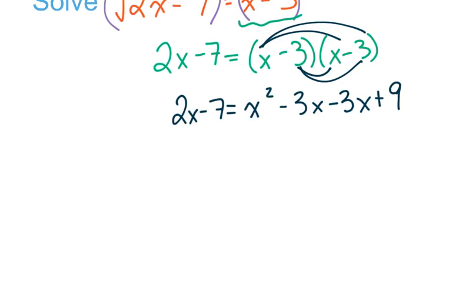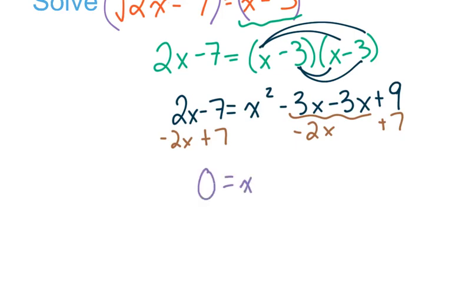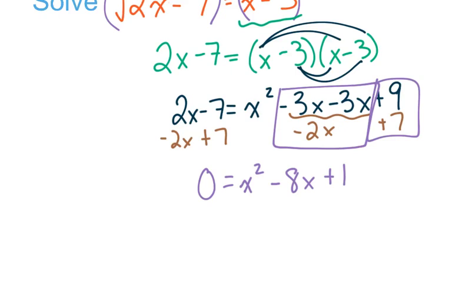So if I'm going to add my 7 and subtract the 2x, and then combine all of these together, we'll be left with a 0 on the left. We got an x squared minus 8x when we combine all of these, and then a plus 16 when we combine the constants.